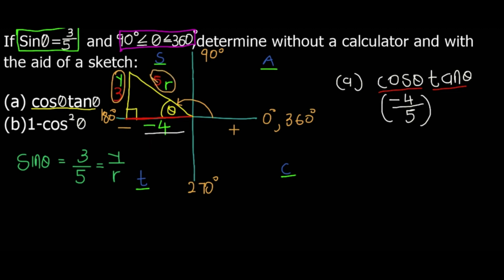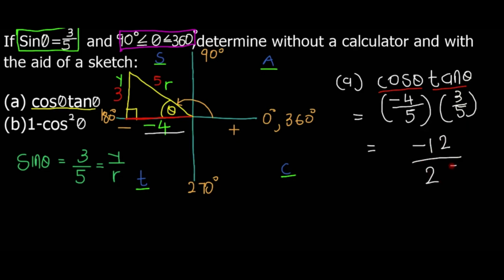So we have 3 over -4. And then from here, -4 times 3 is -12, and 5 times 5 is 25. So this is our answer for part A.